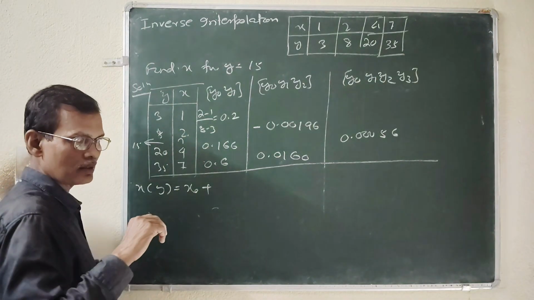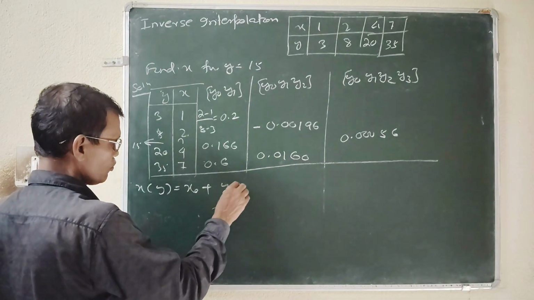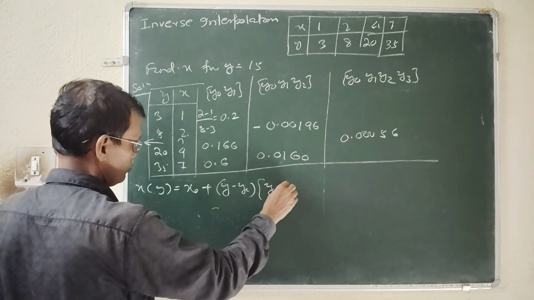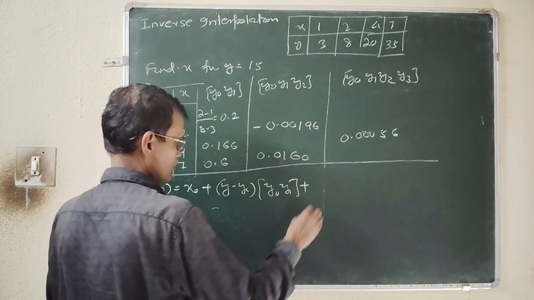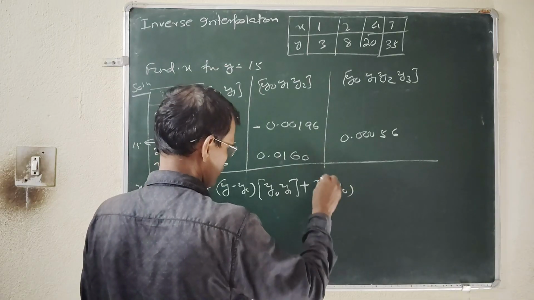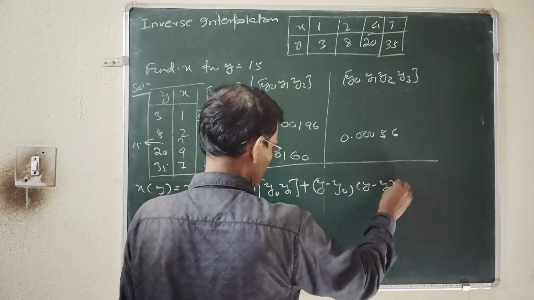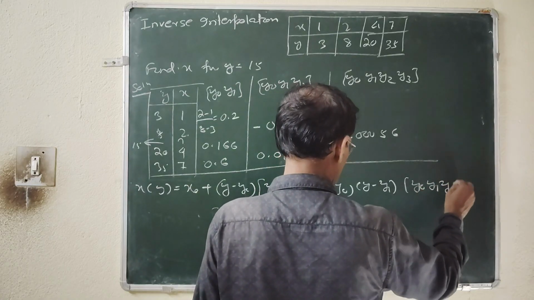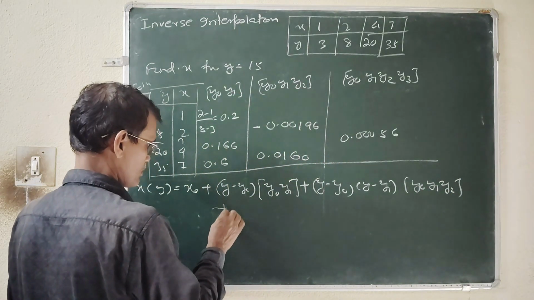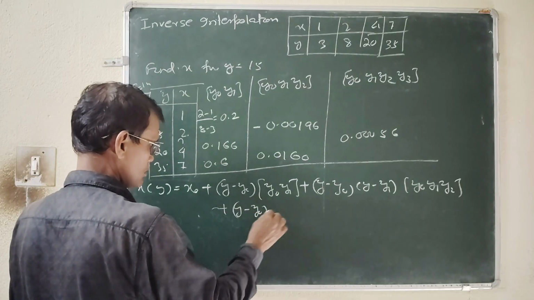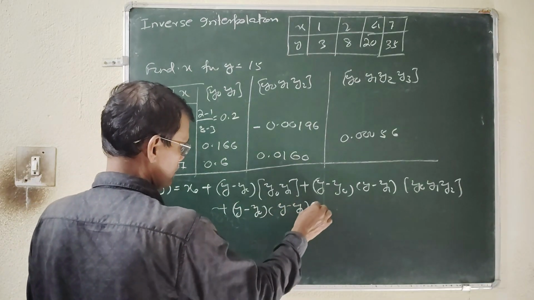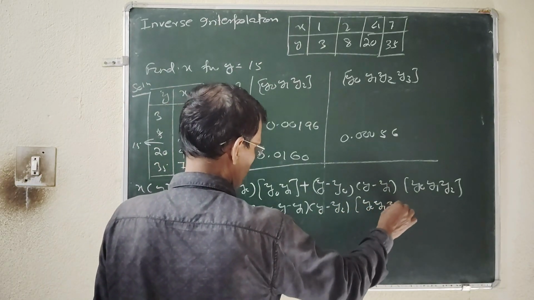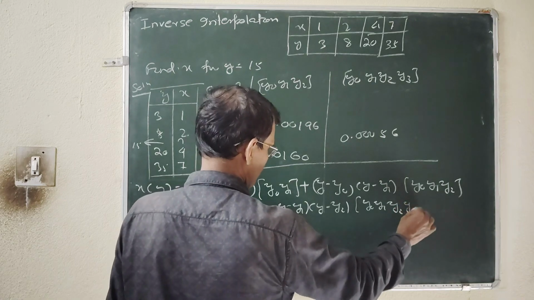In the previous formula we wrote x minus x0, here we will write y minus y0 into y0 y1, plus y minus y0 into y minus y1 into y0 y1 y2, plus y minus y0 into y minus y1 into y minus y2 into y0 y1 y2 y3.